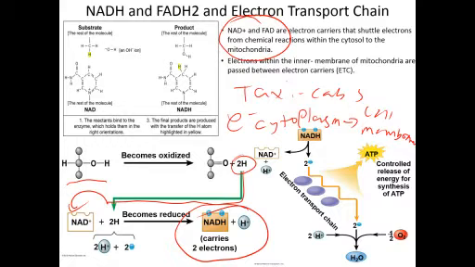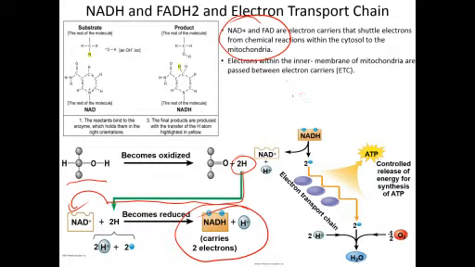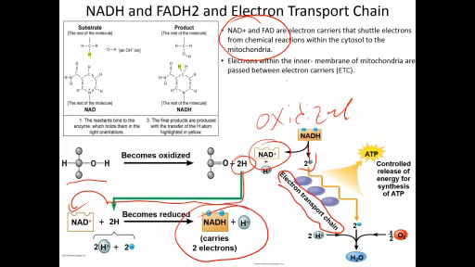Your reduced NADH molecule will then shuttle your electrons to the cell membrane. Those electrons get donated to proteins in the membrane that make up the electron transport chain. In the process of donating electrons, NADH is going to be oxidized to NAD+, and your initial protein in the electron transport chain will be reduced.